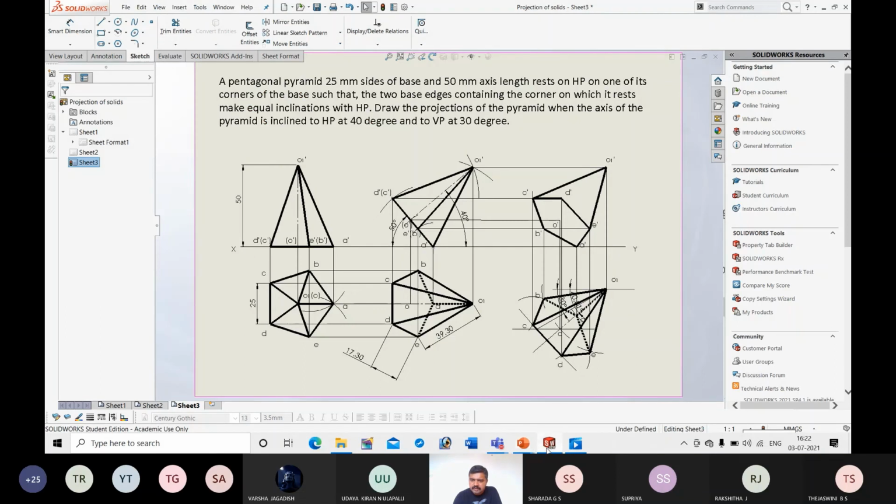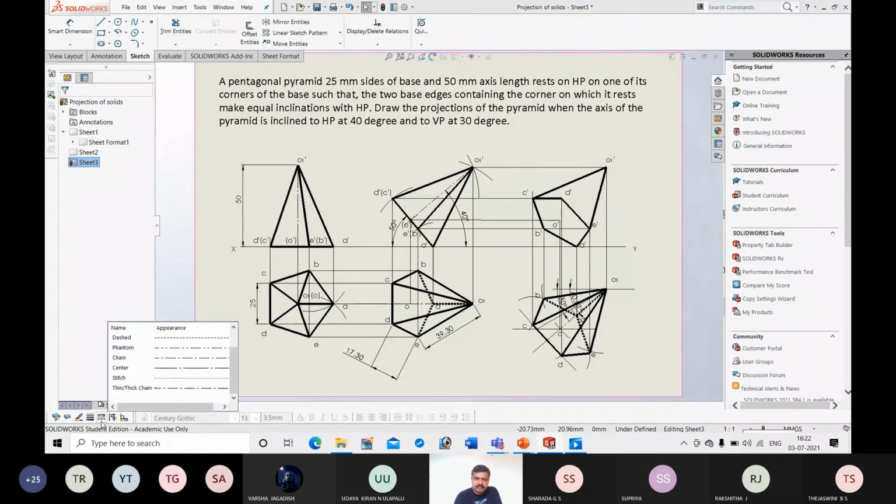Suppose from A, since it is connected by two continuous lines, if I draw one more continuous line, it is crossing another continuous line. So I cannot draw a continuous one. Instead, I should draw a dashed one.